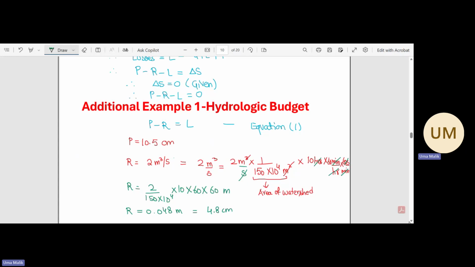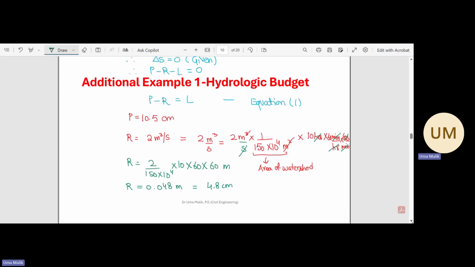So I got P, I got R. From equation 1, P is 10.5 minus 4.8, and I am getting 5.7 centimeter.